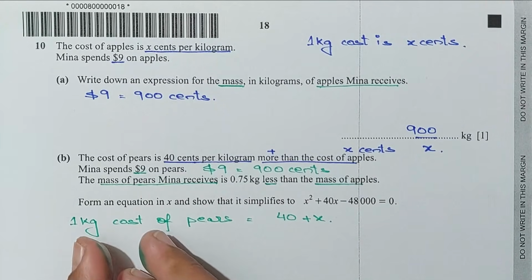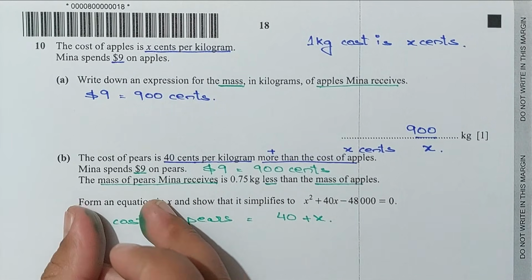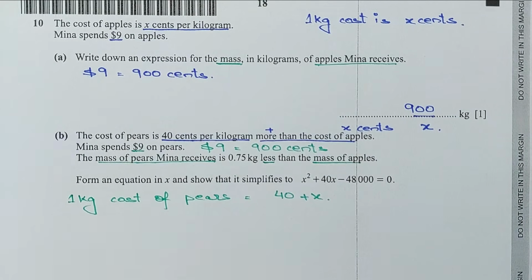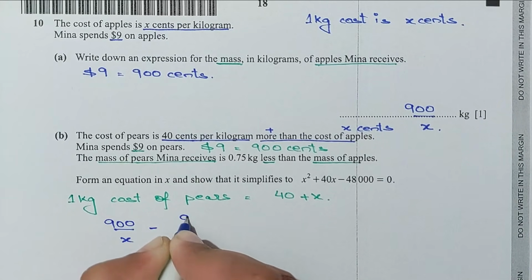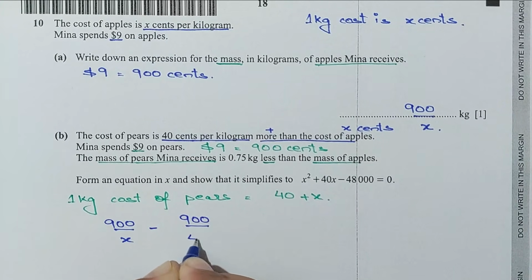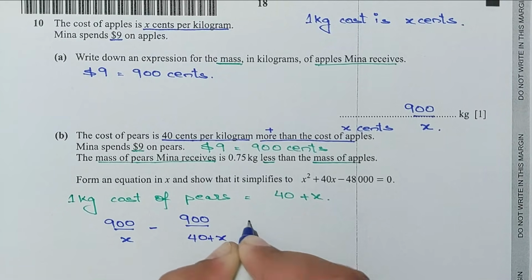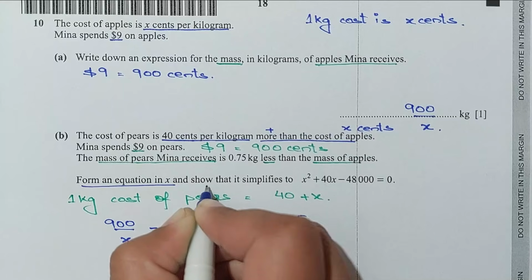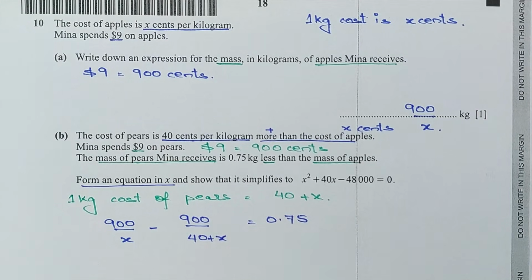It means the difference between the mass of apples and the mass of pears is equal to 0.75. Mass of apples is 900 over x minus the mass of pear, which is 900 over 40 plus x. This would be equal to 0.75. Form an equation in x and show it simplifies to this.